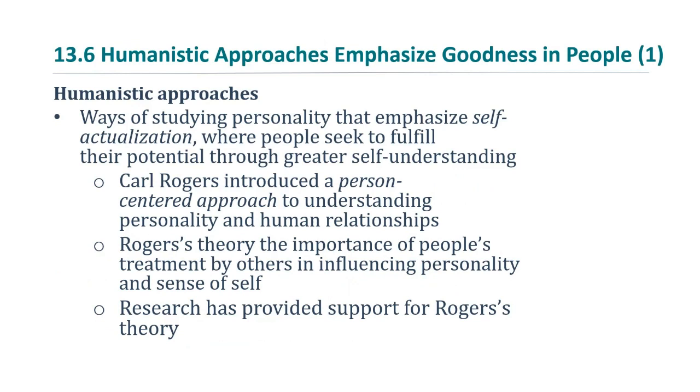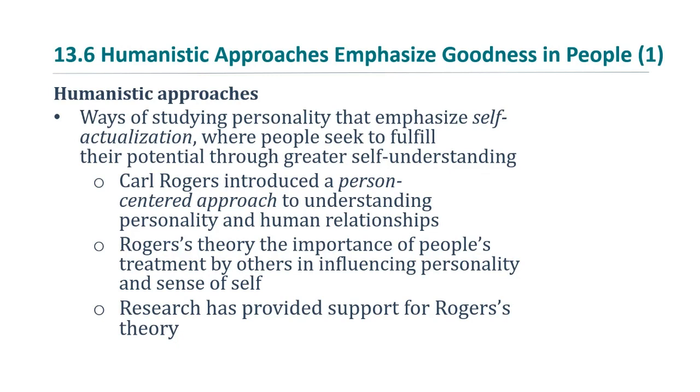Humanistic approaches embrace free will and propose that self-actualization, the fulfillment of human potential, is the core motive in personality. So self-actualization is like being the best that you can be. It's maximizing your potential in life. And they believe that this was a driving force in humans.